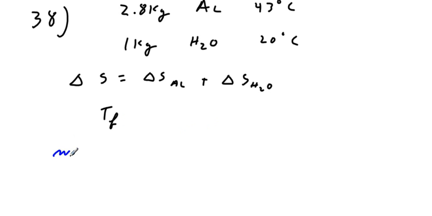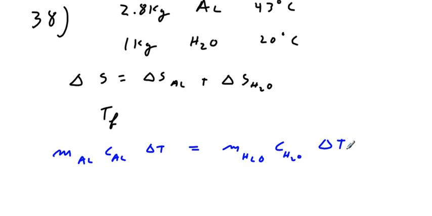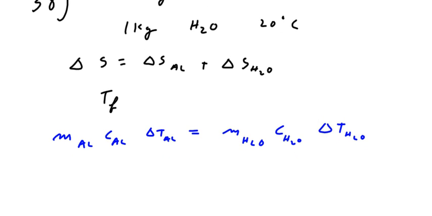The mass of the aluminum times the specific heat of the aluminum times the delta T is going to be the mass of the water times the specific heat of the water times the delta T of the water. So that's what we're going to need to do first. We can leave everything in degrees centigrade. That's perfectly okay.